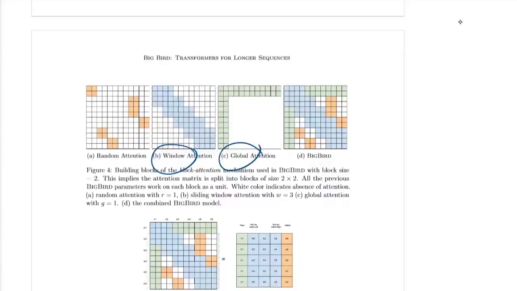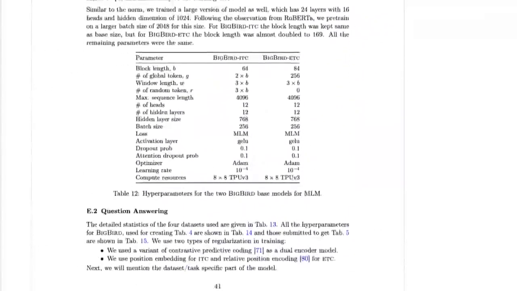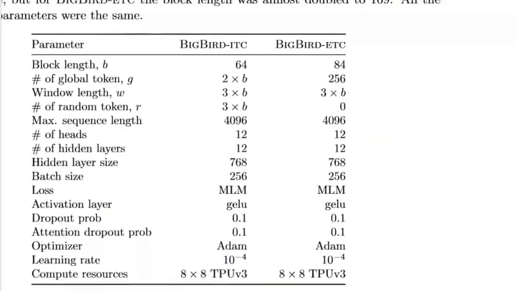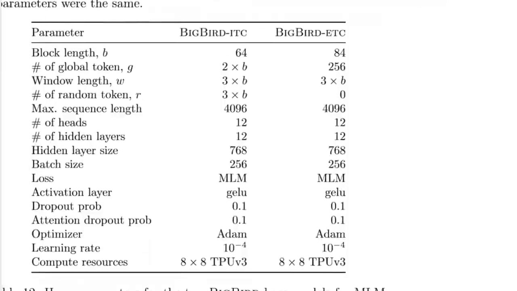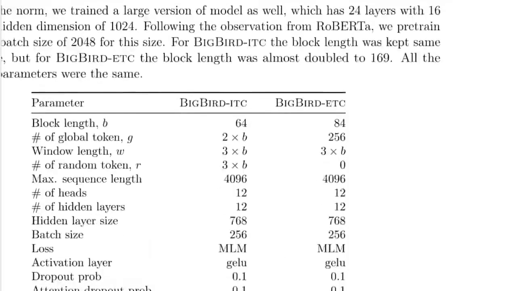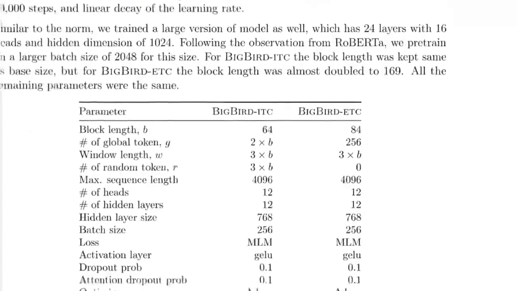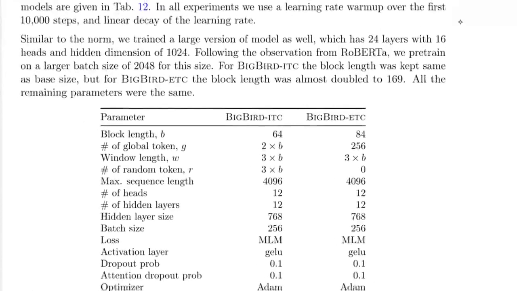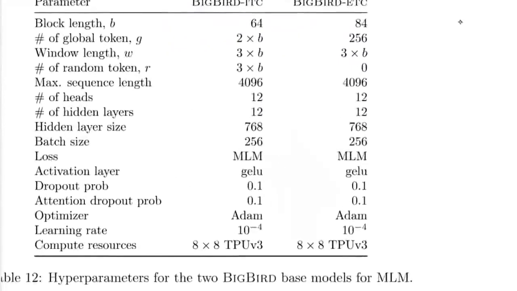So ultimately, they ended up using more memory than the original BERT. And here, if I look at the parameters of their experiments, they have multiple. I believe this is the base version. They also have this large version, but here, this is the 12-layer version.